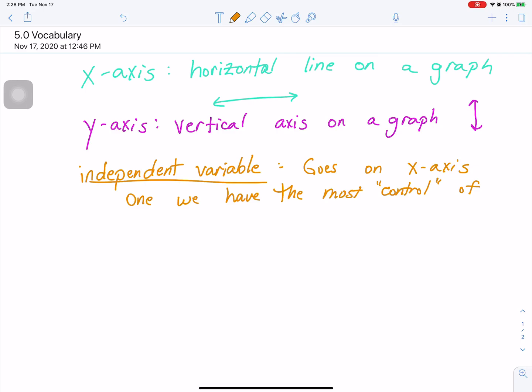So we can't control time, but we can control time increments. Like I'm going to measure every year, every 10 years, every second, those kinds of things. So a lot of times time ends up being on that x-axis.